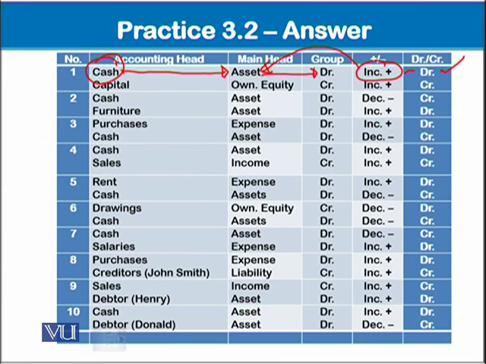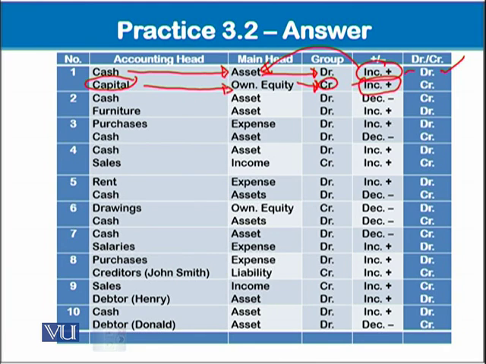Well, at the same time, the second accounting head, which is capital. Capital belongs to main head owner's equity. Its group is credit. And now we see that our owner's equity is increasing.